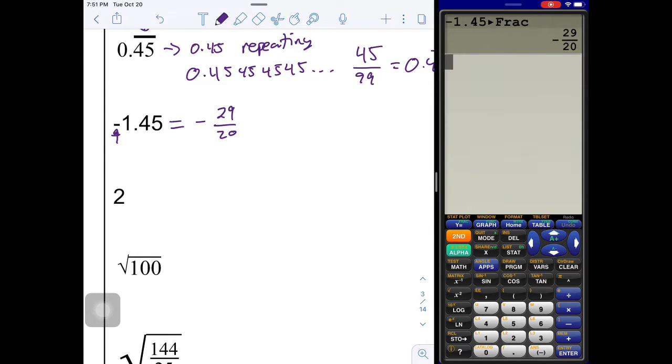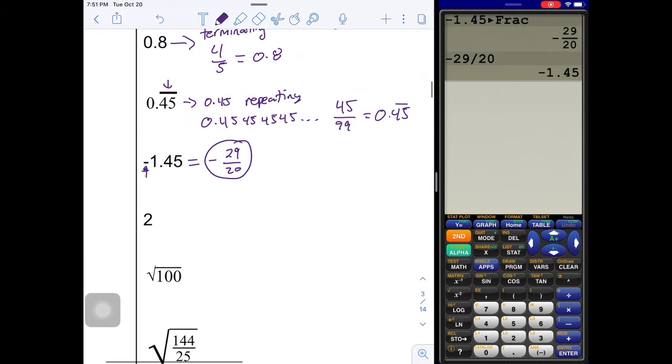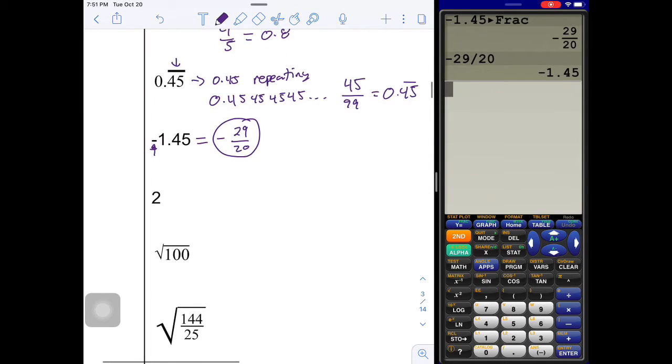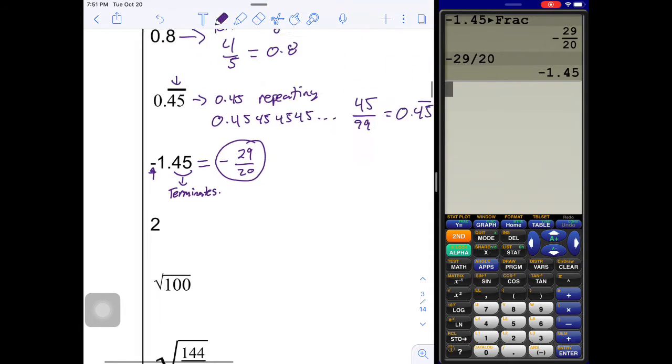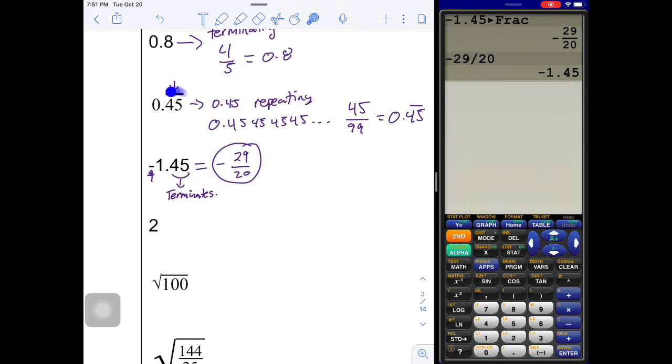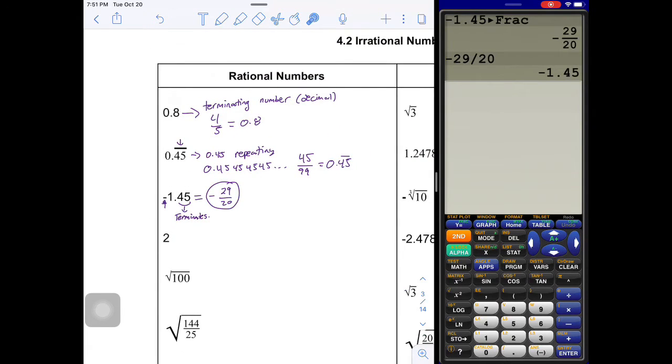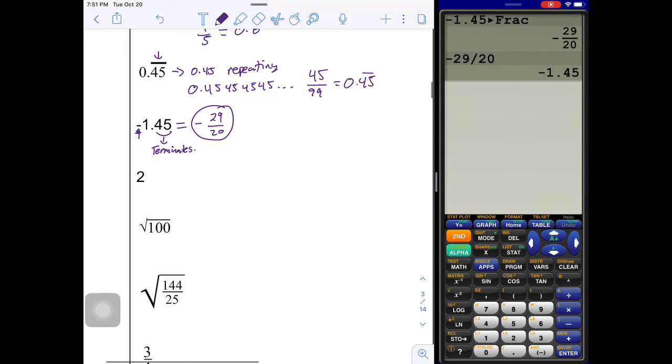If I do negative 29 divided by 20, that gives me negative 1.45. It's a decimal number, but again, it terminates. It doesn't go on forever, and it doesn't repeat. If it does go on forever, it has to repeat itself in order to be a rational number.